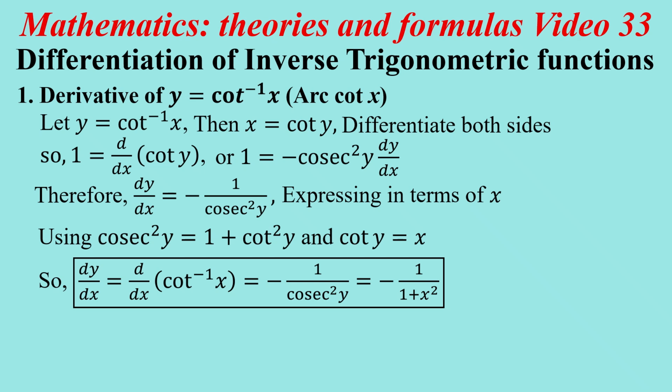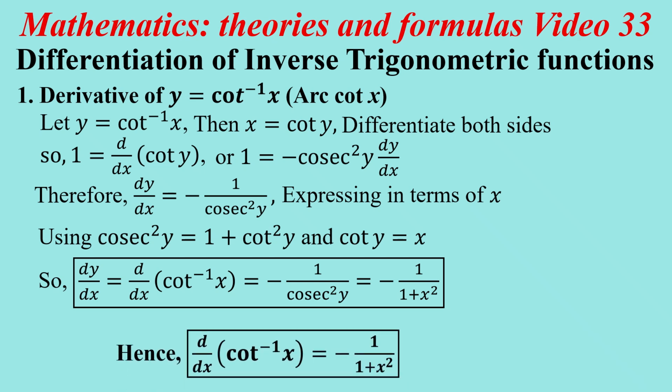So the differential of cot inverse x by dx is equal to minus 1 by cosec square y, which is equal to minus 1 by 1 plus x square. Finally, we get the differential of cot inverse x with respect to x equals minus 1 by 1 plus x square.